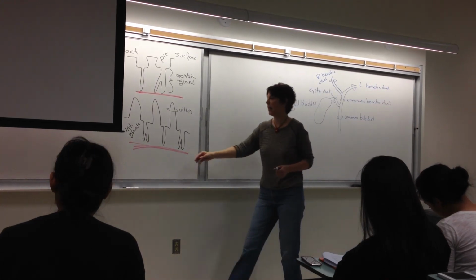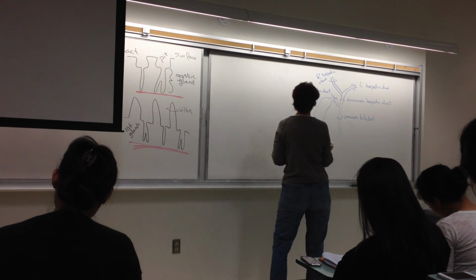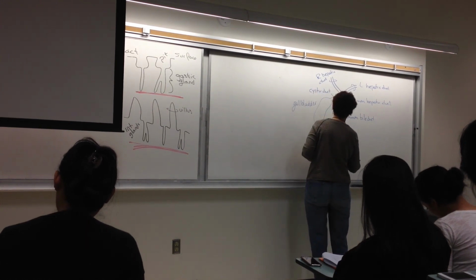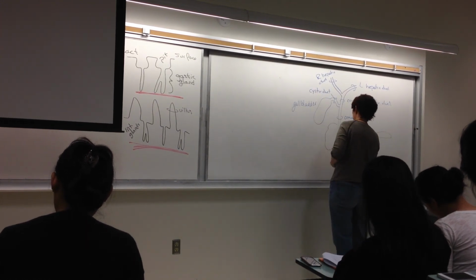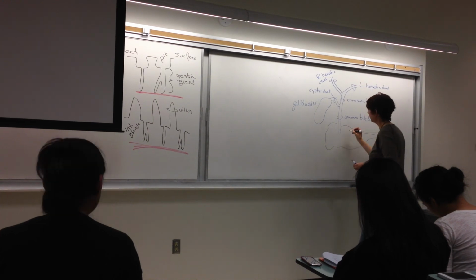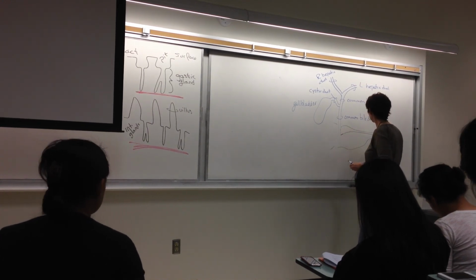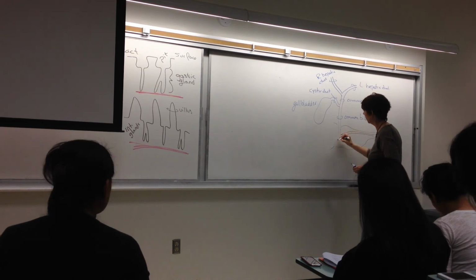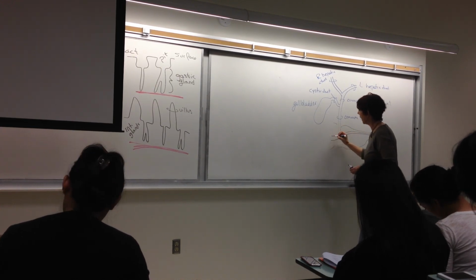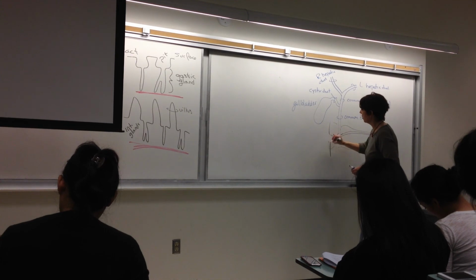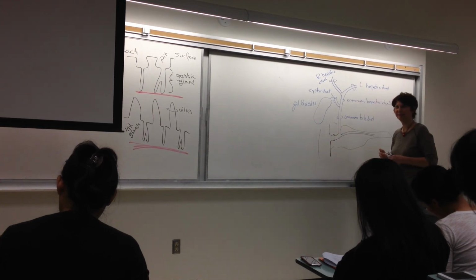The common bile duct passes through the pancreas and it joins up with the pancreatic duct, and I'll have this diagram on the board. And then the two join together to empty into the small intestine.